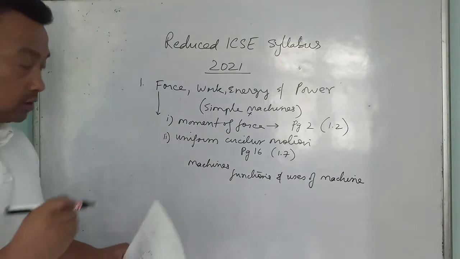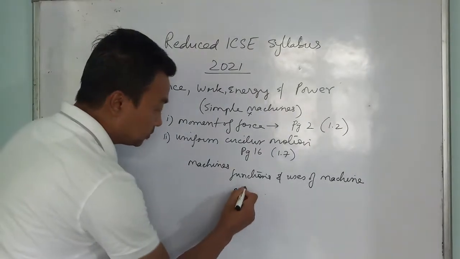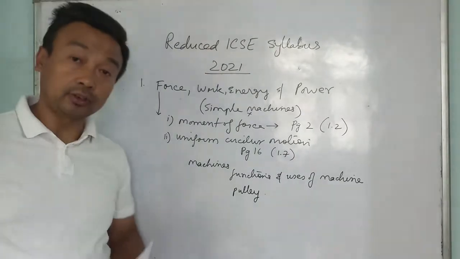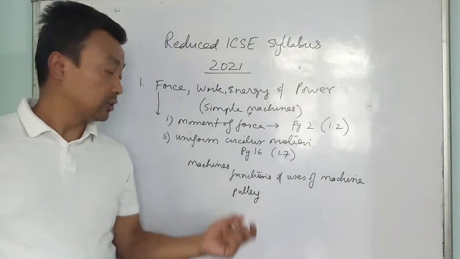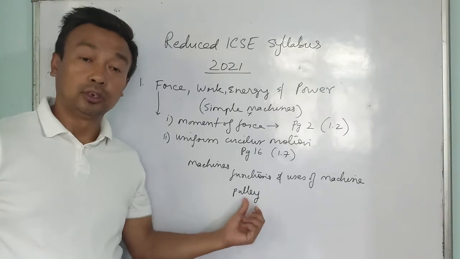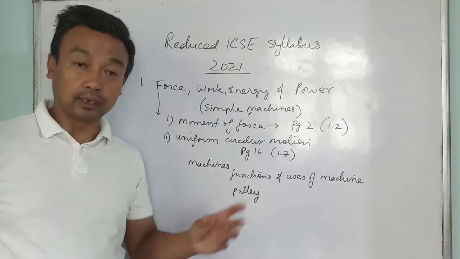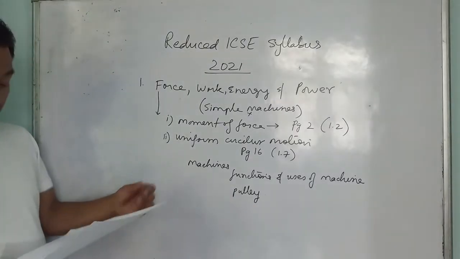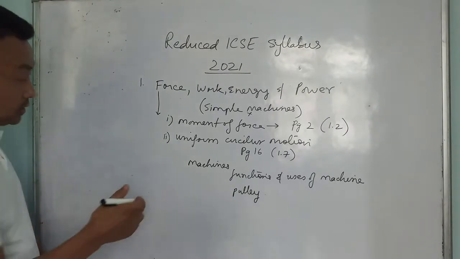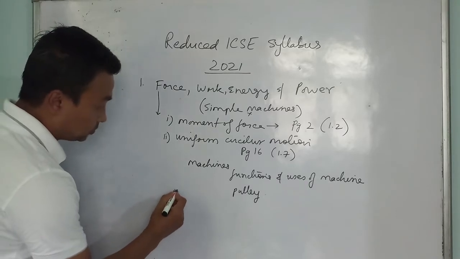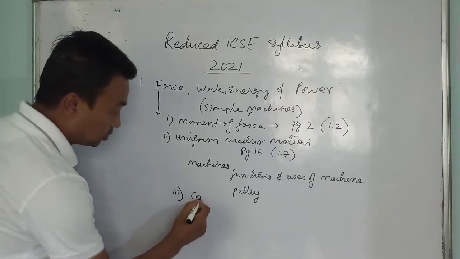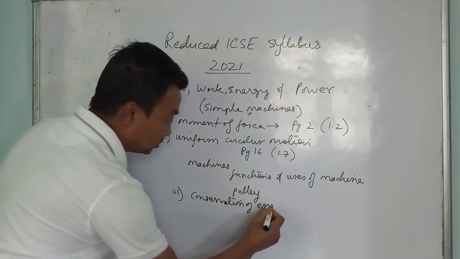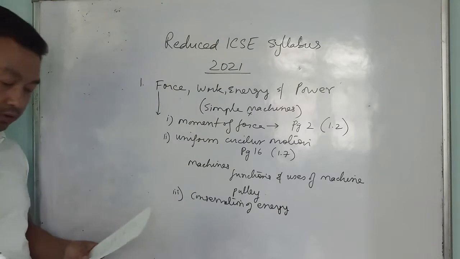Then you have got the pulley. In the last classes we have almost discussed the types of pulleys, the diagrams, and the combination of pulleys, etc. Then the last one is conservation of energy. This is also a very simple topic.